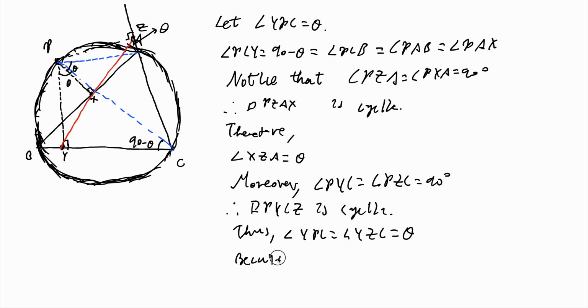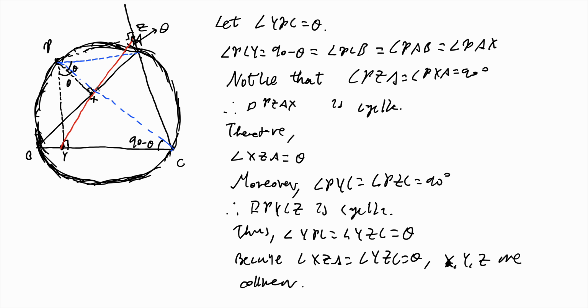Because angle XZA equals angle YZC equals theta, X, Y, Z are collinear. Yes, we finished the first half of our proof. And the reason is that ZA and ZC are the same line.